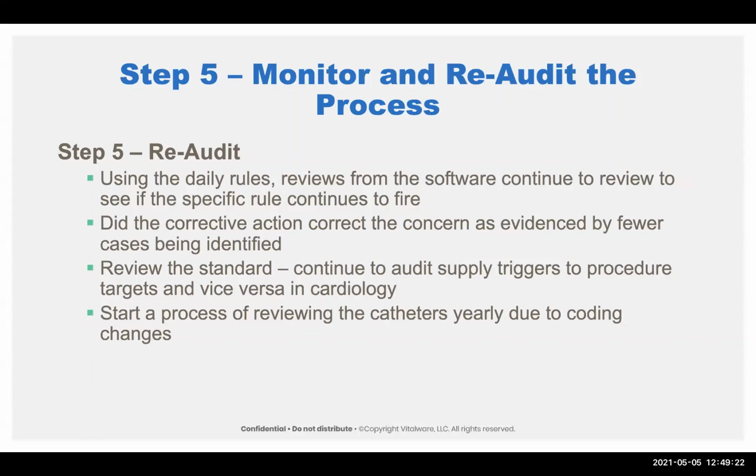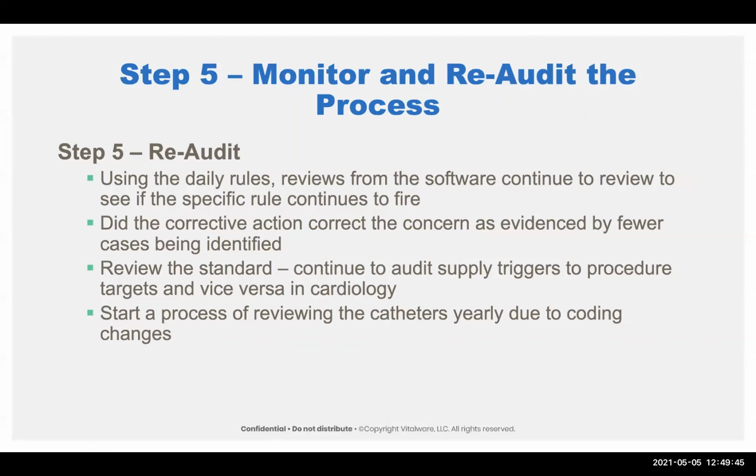I'm going to re-audit it after I make it C1725 and make sure that the cases are going down and it's been remediated. I also have to look and say, is this worthy? Was I paid separately? Is this going to result in an overcharge, or was it bundled, or do I need to send reimbursement back?